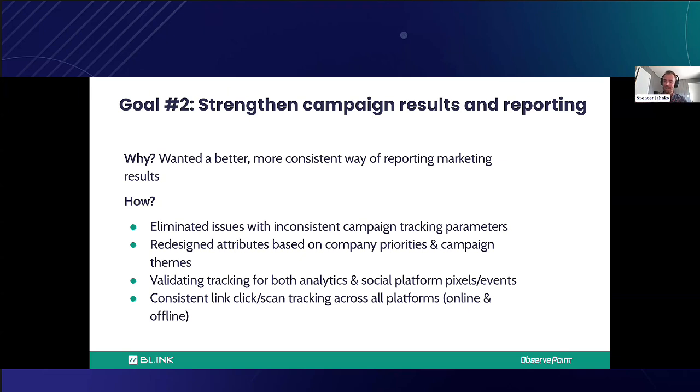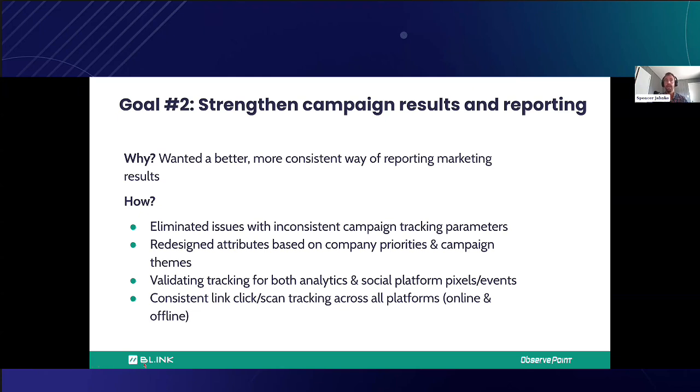One may use spaces. And so to be able to accumulate all of that data was extremely difficult and required a lot of manual work, and some things would just be missed. So to be able to create this consistency was huge, to create consistent insights and reporting across channels for the company.